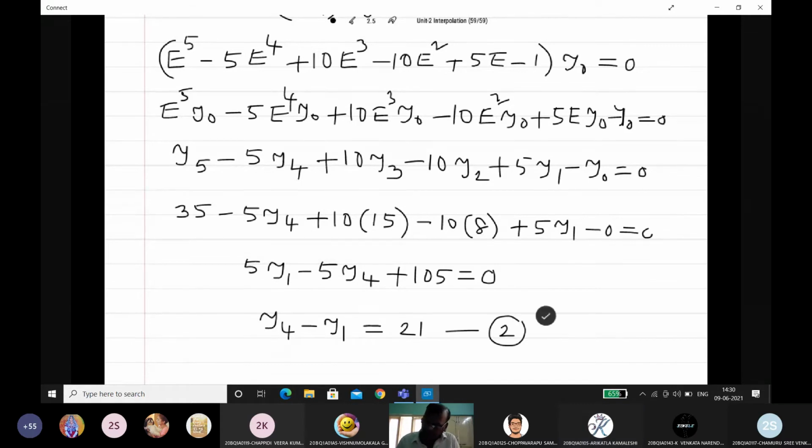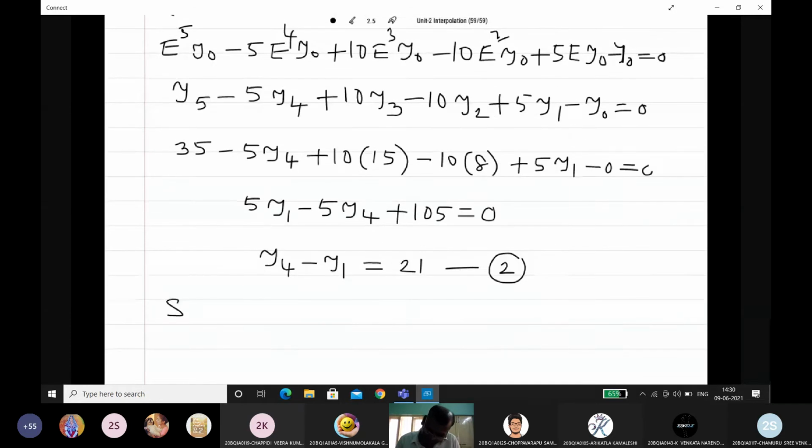Now solve equations 1 and 2. Solving 1 and 2, we find the y1 value and the y4 value.